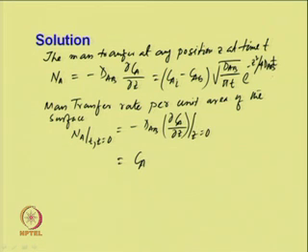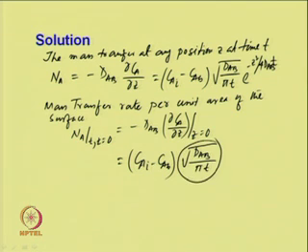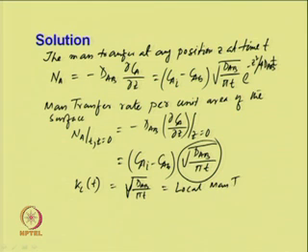So, if we put in this equation at z equal to 0, this will be equal to (C_AI minus C_AB) into root over D_AB by pi t. This is known as the local mass transfer coefficient. So, k_L,t is root over D_AB by pi t. So, this is the local mass transfer coefficient.